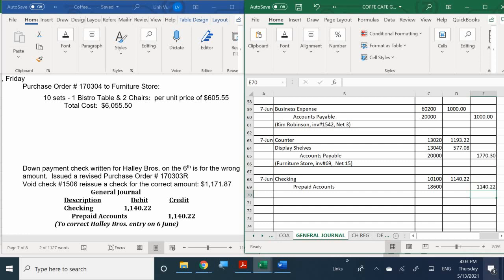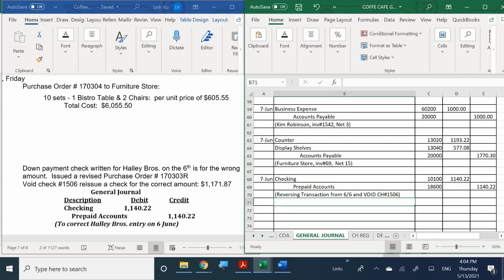Okay. So now that I have this, I'm going to indicate here that I am reversing the transaction from June 6th and void check number 1506.